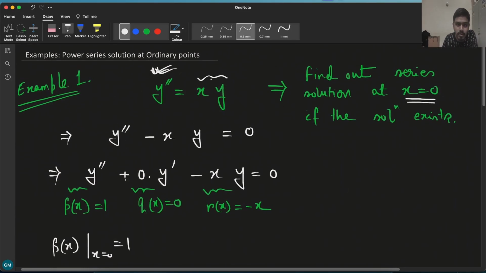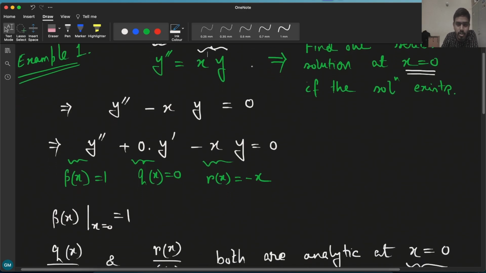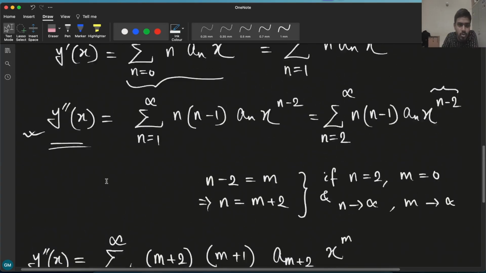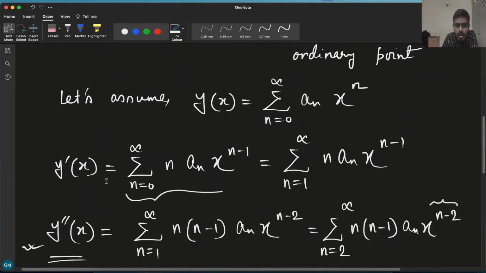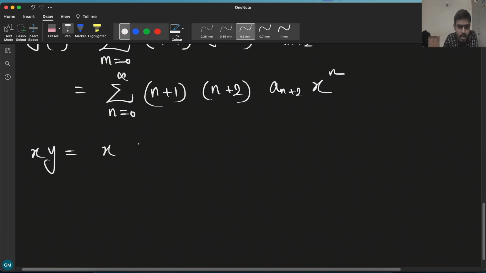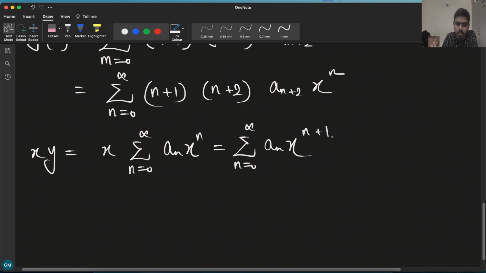Now the second term, which is x times y. We know that y is the sum over n of an x to the power n. So it will be x times the sum over n equals 0 to infinity of an x to the power n, which is nothing but the sum from n equals 0 to infinity of an x to the power n plus 1.